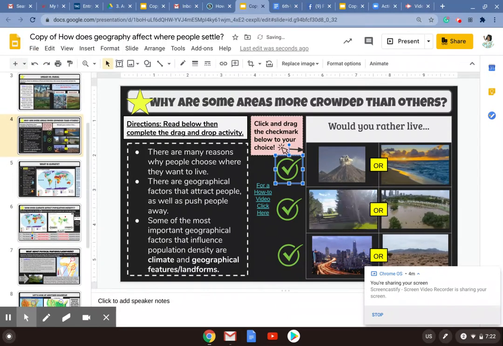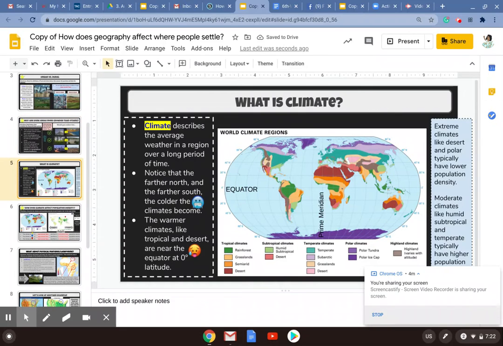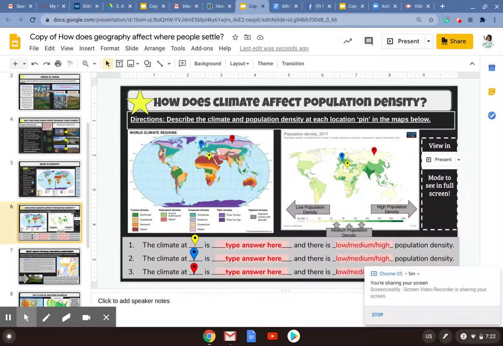The next slide talks about what is climate. Read the bullets, look at the map, and look at what color purple is, because hopefully you're like, okay, that means it's cold, there's ice, because it's Antarctica, and then read on this side. Here's another star. How does climate affect population density? So you need to look at the marker.